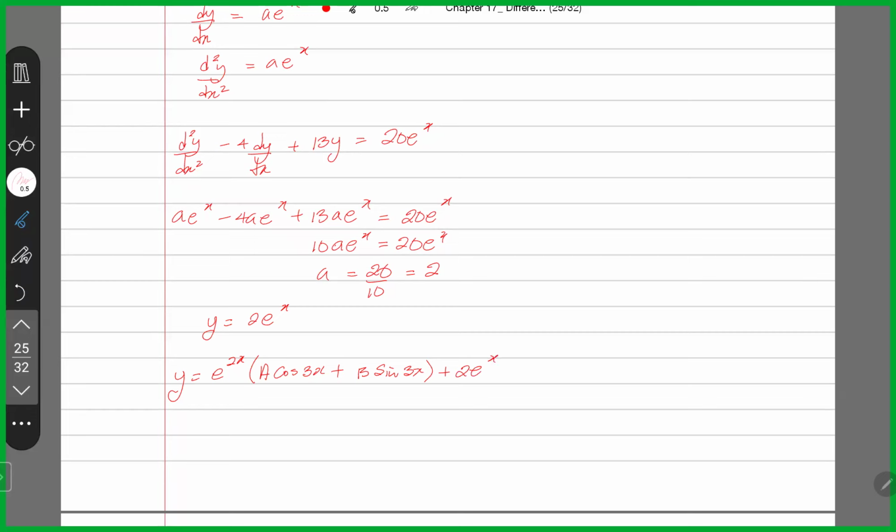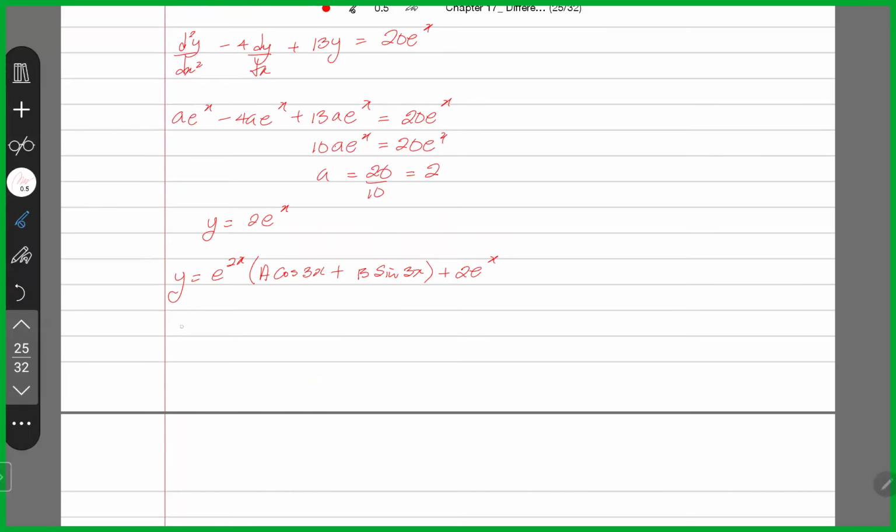We were also given information so that we can determine the values of a and b. We were told that when x is 0, y is equal to 0, and dy by dx is equal to 1.